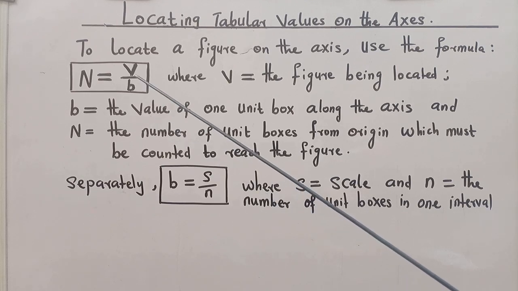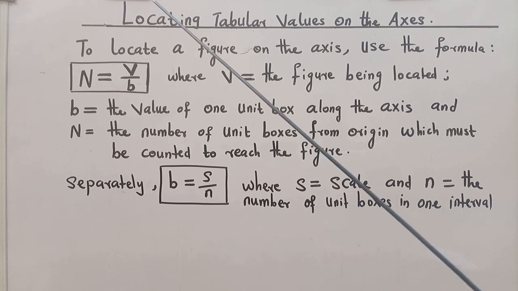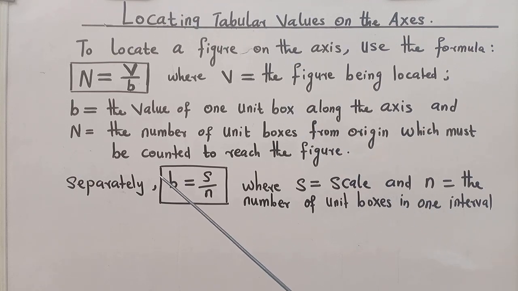Based on this, is it this or this we start with when we want to start locating tabular values on the axis? We start with this. When we start with this, b is equal to S over n, we get the value of one small box, and we indicate it on each axis.